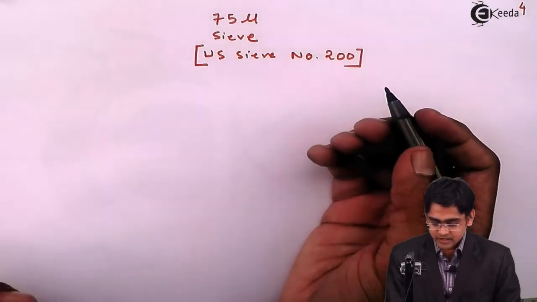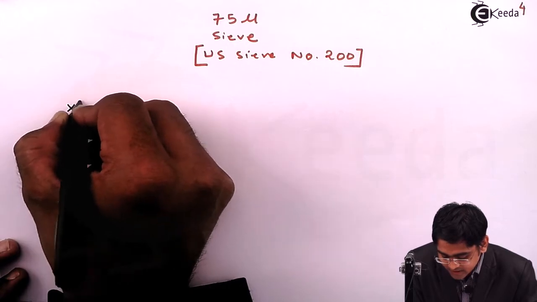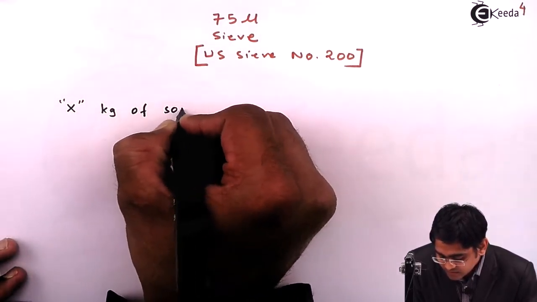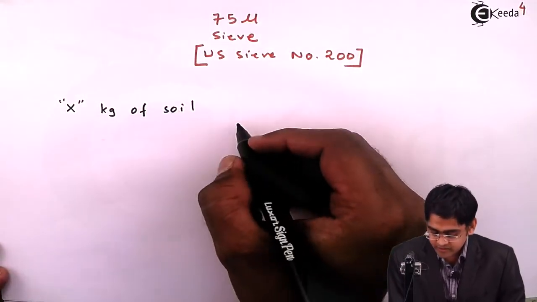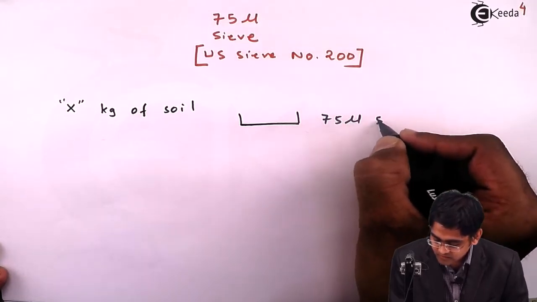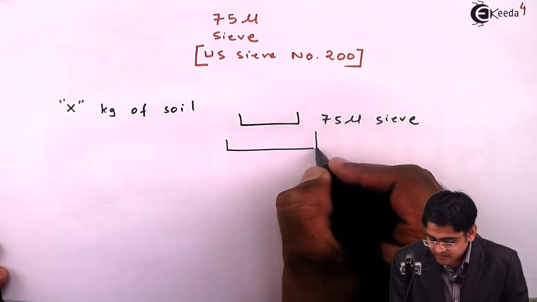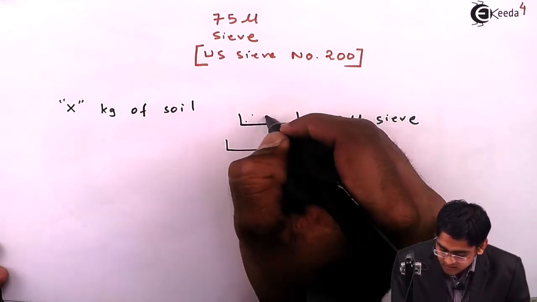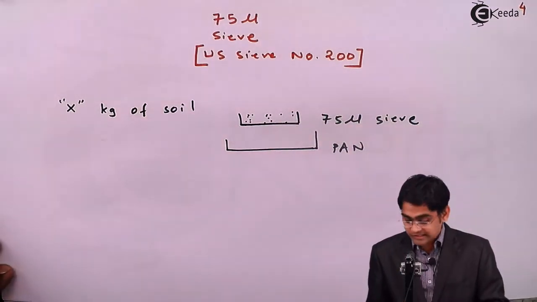So if you sieve your x kg of soil through this 75 micron sieve, some particles you will collect in the pan, while other particles will be retained on this 75 micron sieve, right?